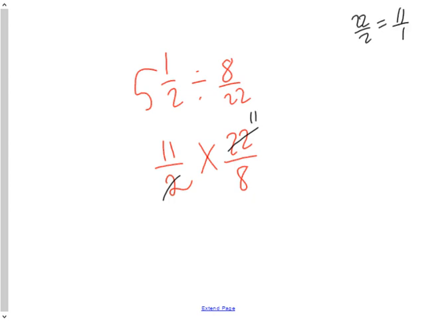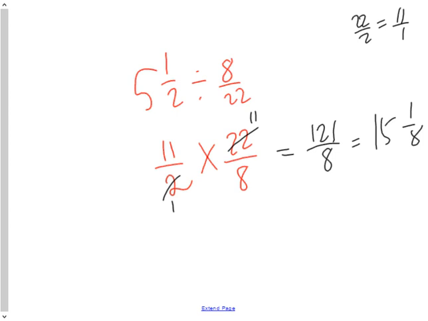And that's what this is going to become, 11 over 1. So now I multiply my numerators. 11 times 11 is 121. 1 times 8 is 8. How many 8s are there in 120? There are exactly 15, which is 120, because 8 times 15 is 120, and 1/8. So your answer is 15 1/8.